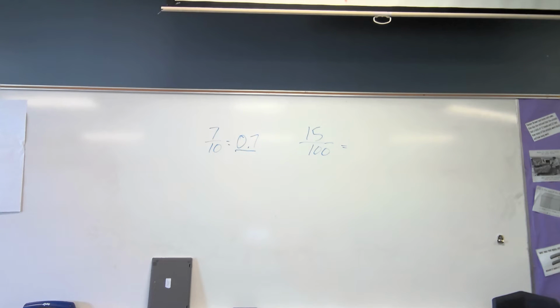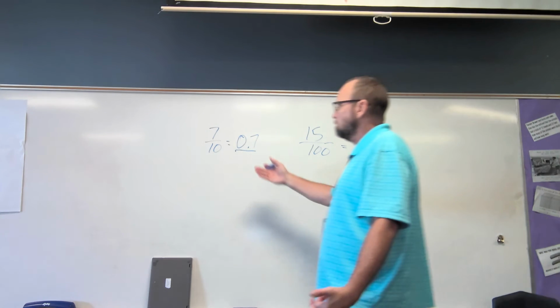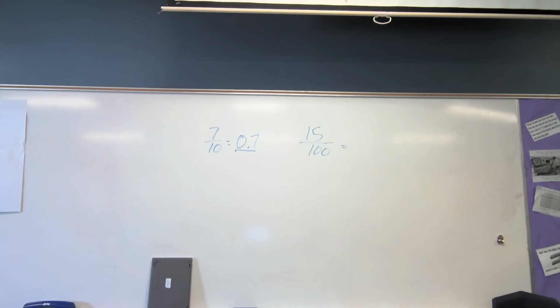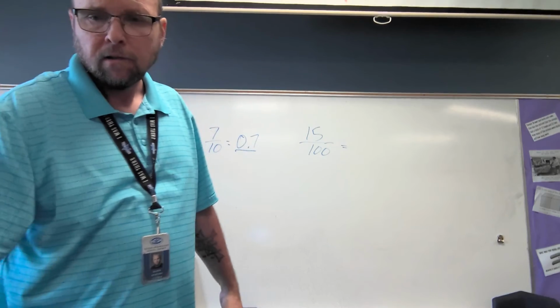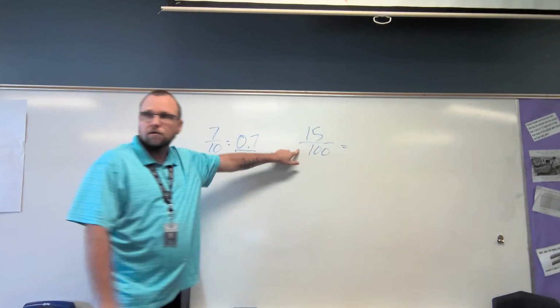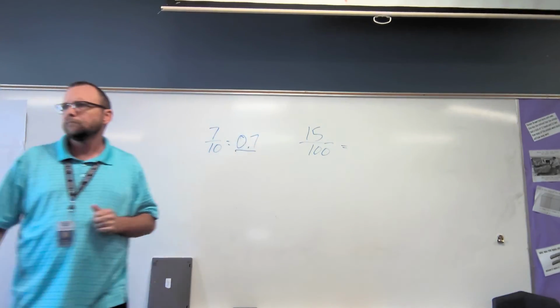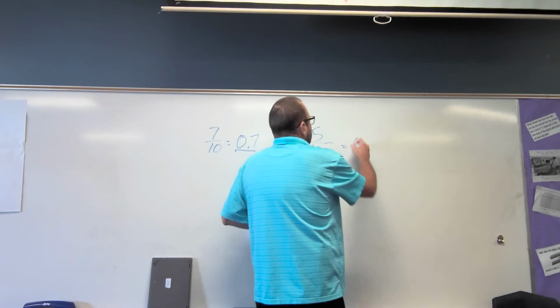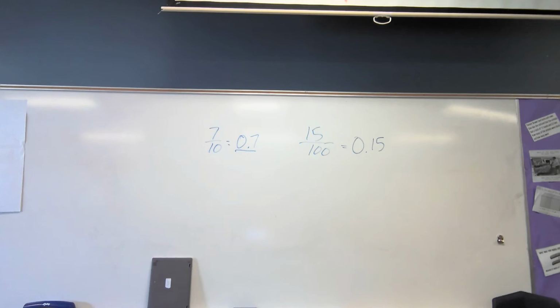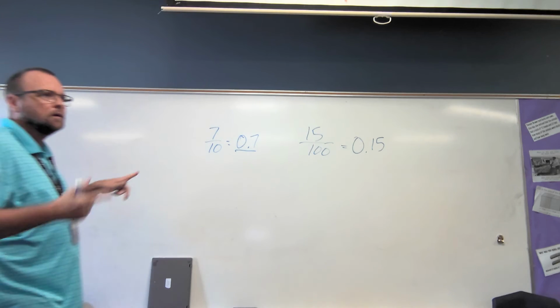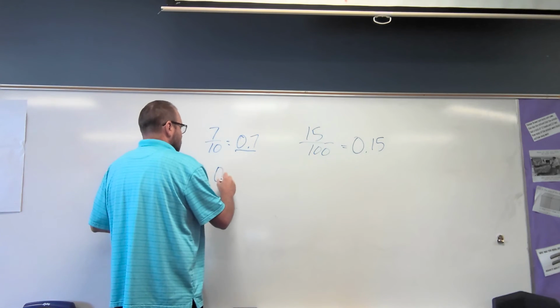Anytime you have a fraction that has a 10, 100, or 1,000 as the denominator, you just write it as a decimal in the same way, saying the same words. Destiny, how do you say this fraction? 15 hundredths. And that decimal? 15 hundredths.